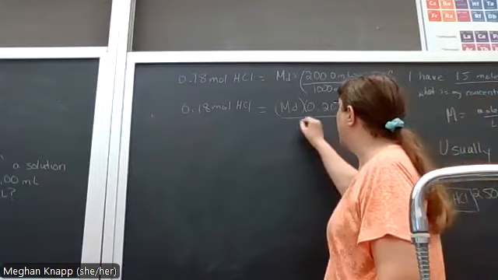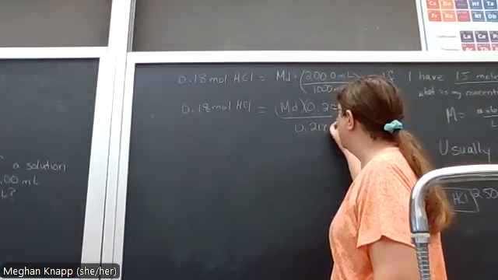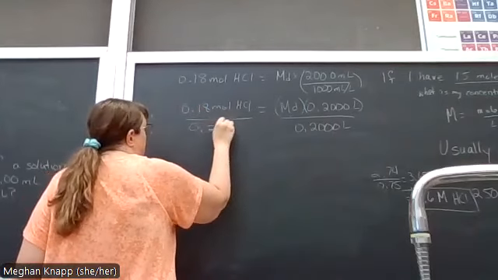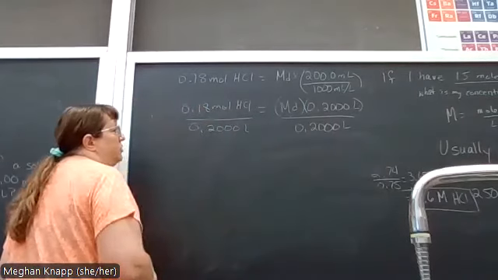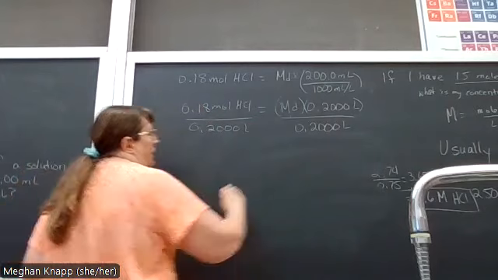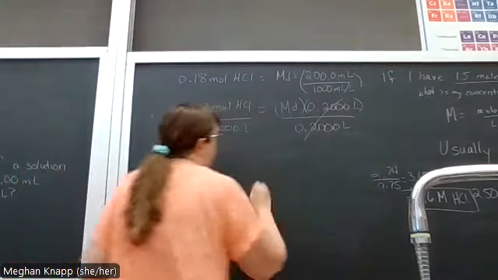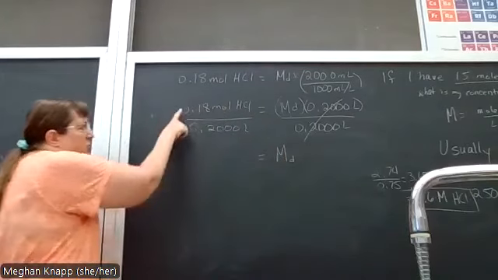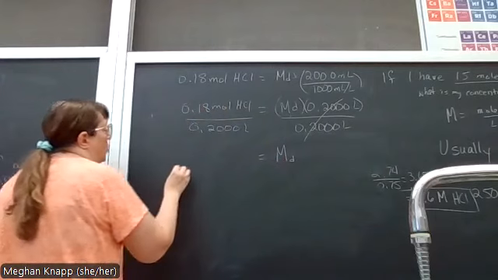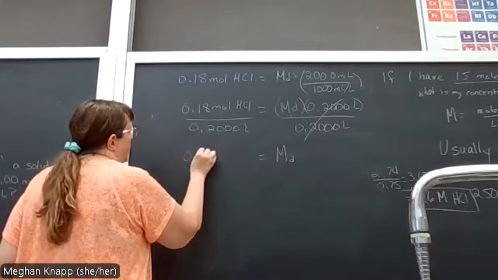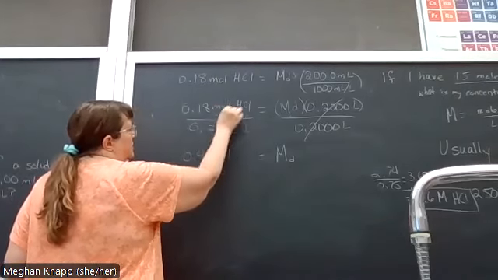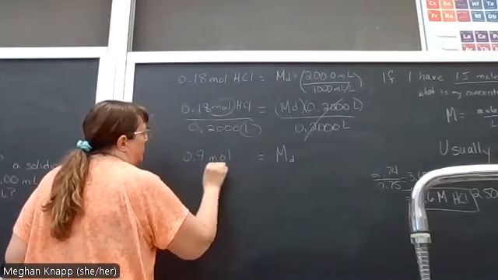Yeah, I'm going to have to divide both sides by my 0.2 liters. And that's going to cancel. And the molarity of my dilute solution is going to be that divided by that, which I think works out to be 0.9. And then my units, moles per liter.